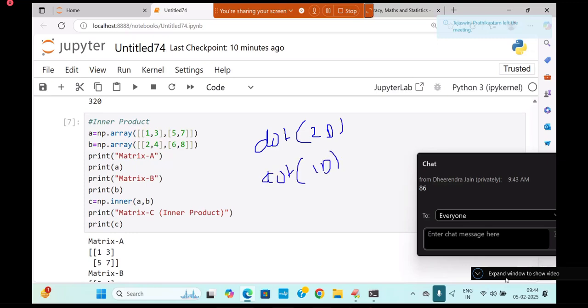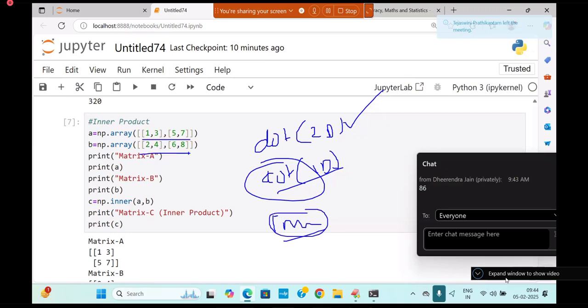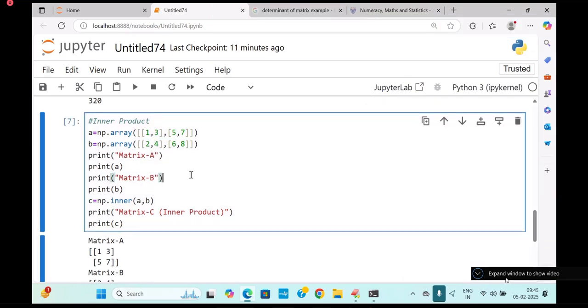Dot of 2D anybody can answer; dot of 1D is a little confusing. Try to follow. Inner product is nothing but inner dot product. That is also going to be shown here. I think you are following me. Now I want to go for another kind of thing.